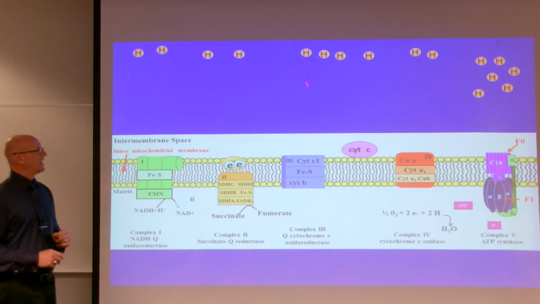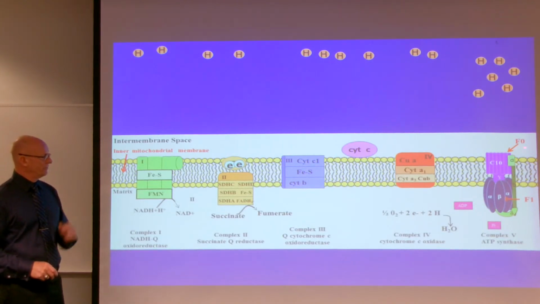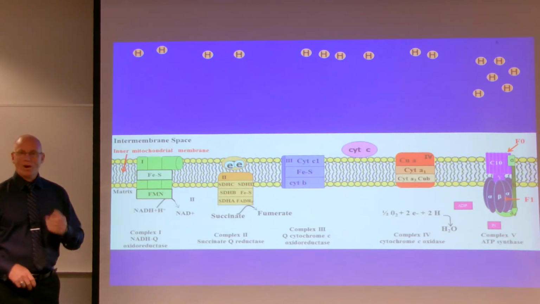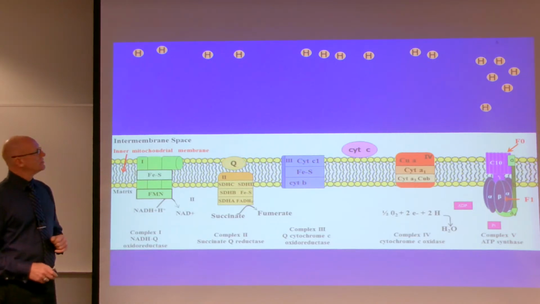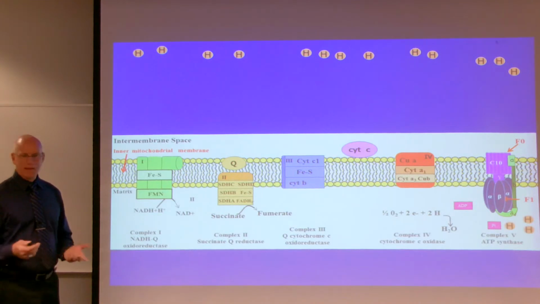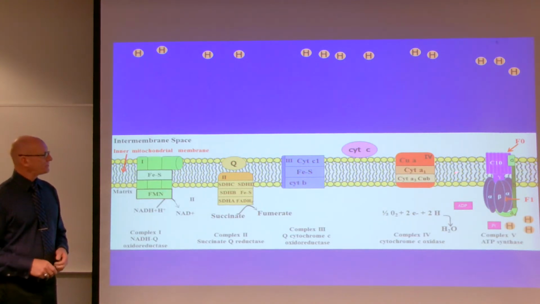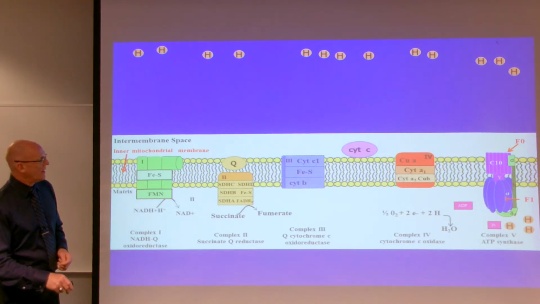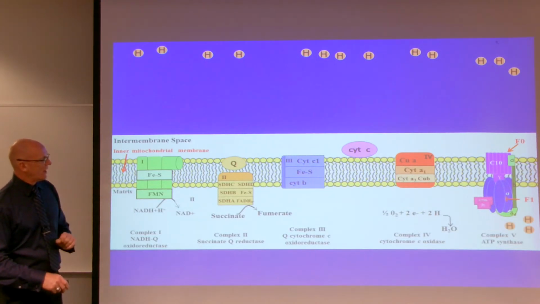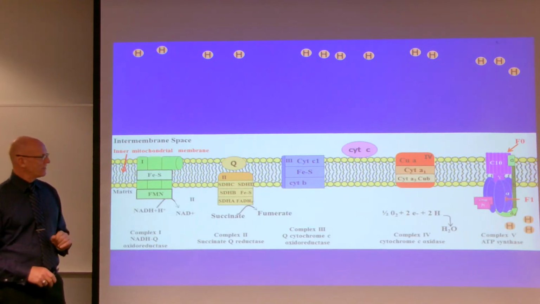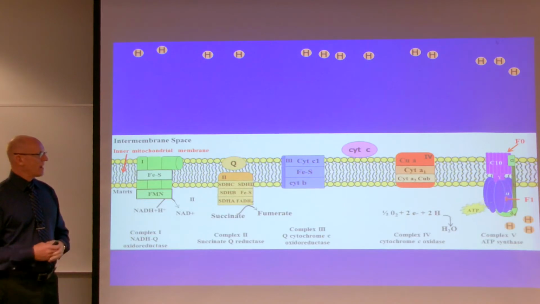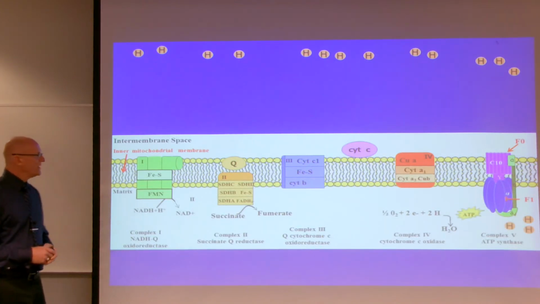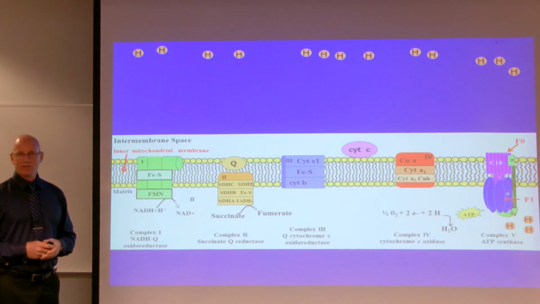So for every 3 hydrogen ions that go through the ATP synthase, it will yield 1 adenosine triphosphate. So as we go through this matrix space, and it creates a conformational change through this F1, it allows the adenosine diphosphate and another phosphate to bind to the beta subunit, creating an adenosine triphosphate. Now, this is the oxidative phosphorylation.